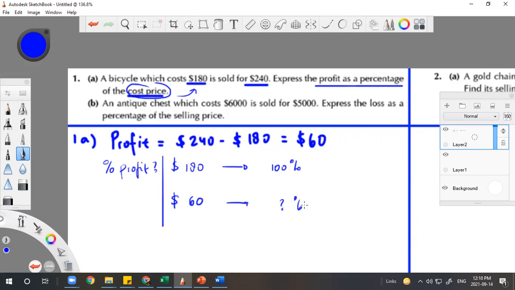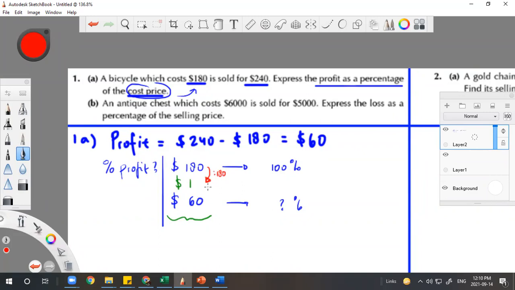As I already taught you in the first video, you need to make the 180 become 1, right? Because this is the complete part, and this is the other part, so you put $1 here, representing how many percent. In this case, what you need to do is put the working. So 180 to 1, what do you have to do? Divide by 180, right? You have to either divide or multiply, it cannot be add or subtract.